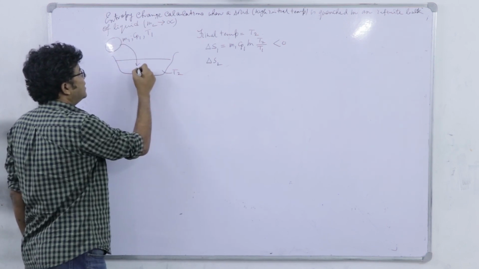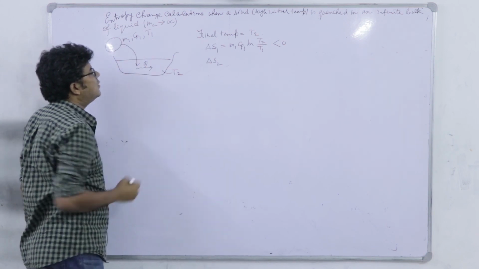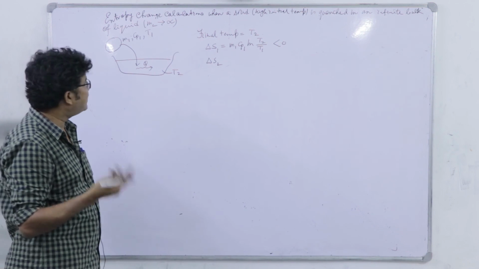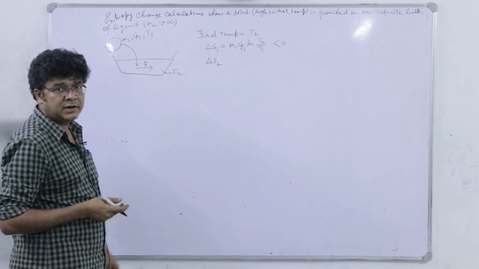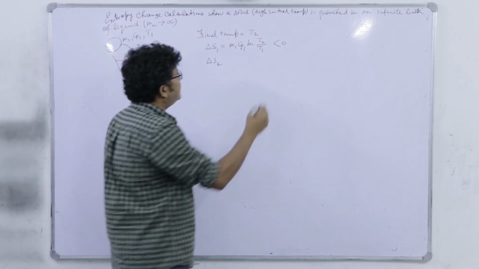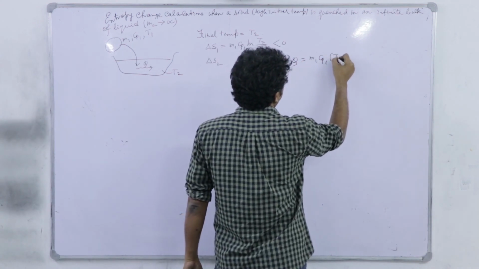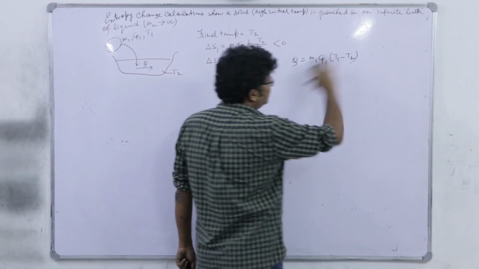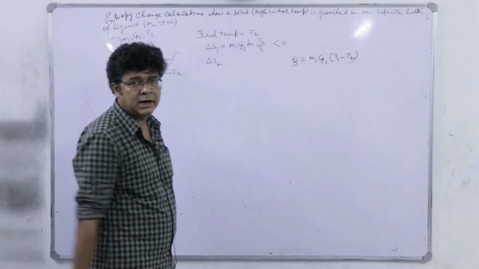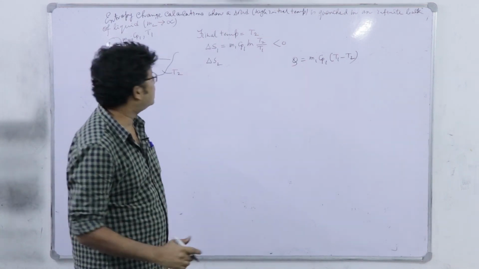Whenever you are putting it here, it releases some heat Q, right, under isothermal temperature condition T2. So, what is that heat Q? Q will be M1 Cp1 (T1 minus T2). That much heat is released and given to the pond water under isothermal condition.